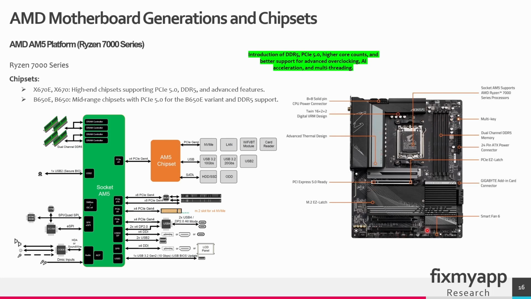This AMD motherboard is one of the latest generations, so it supports DDR5 memory. And in this picture you can see this is the AM5 processor. This is the AM5 chipset, and as you can see, the chipset communicates with the NVMe drives, the LAN controller, Wi-Fi module, card reader, USB ports, optical drives, hard disks.